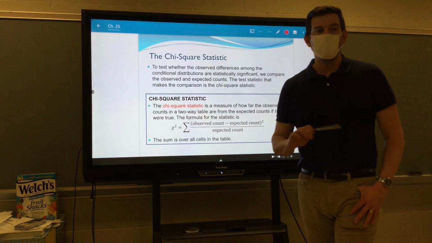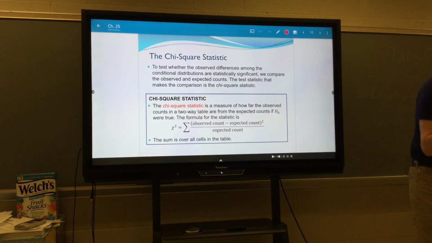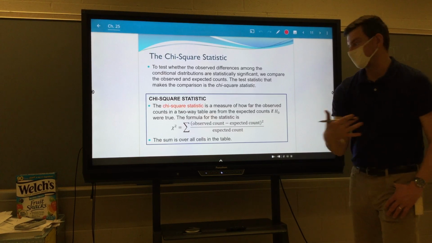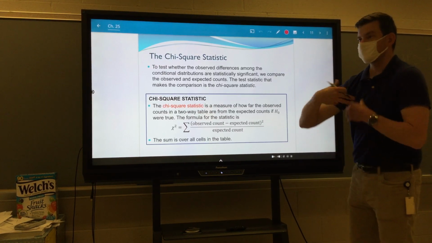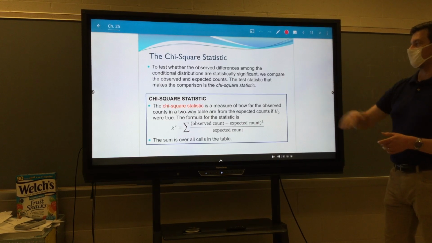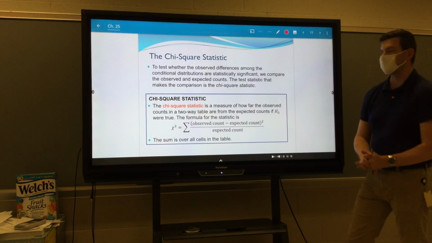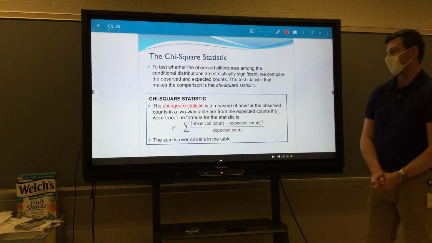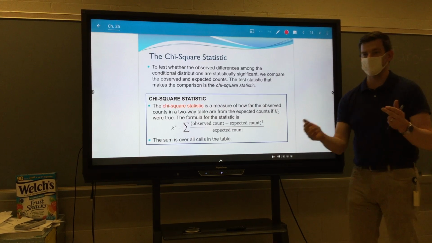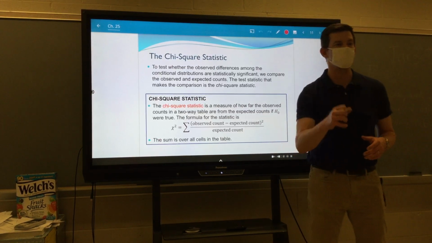Now, once you have all of these expected counts, the chi-square statistic is a summation of all of these. We're testing to see whether the observed differences among the conditional distributions are statistically significant. We compare the observed and the expected counts. Again, this is no different than what we did with the z-test or the t-test.